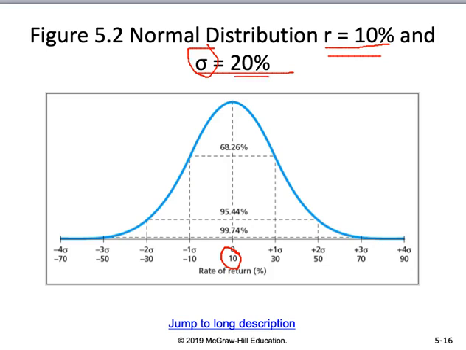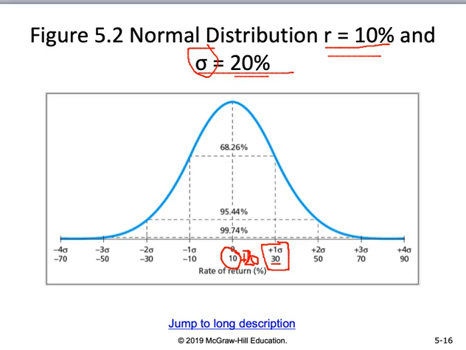We can add 20 right here to that 10. Sorry, this does not look a little bit better. Standard deviation is 20, so 10 plus 20 is 30. So one standard deviation from the mean would mean that if we have a positive one standard deviation occurrence, we would expect to return 30% on that portfolio or investment.